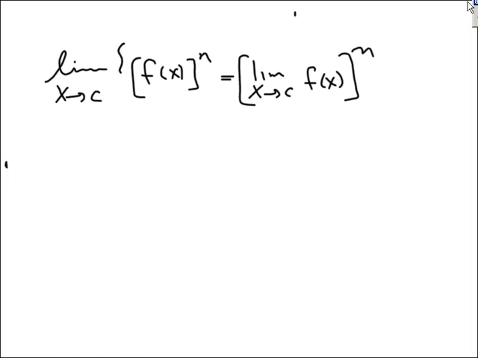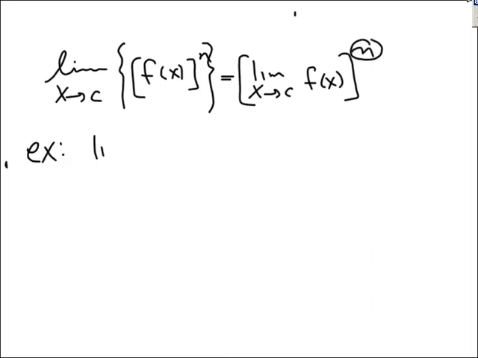Here we're taking the limit of what's in the curly brackets, which has the power. In the second case, on the right hand side, that power comes after calculating the limit. You calculate the limit of f of x, and whatever you get, you raise to the 7th power.